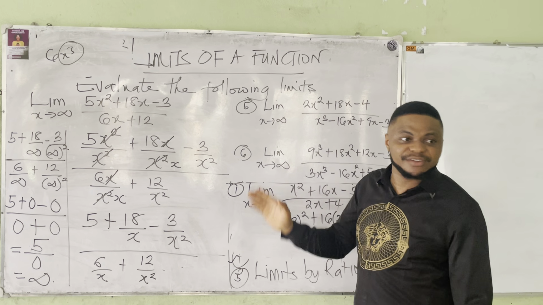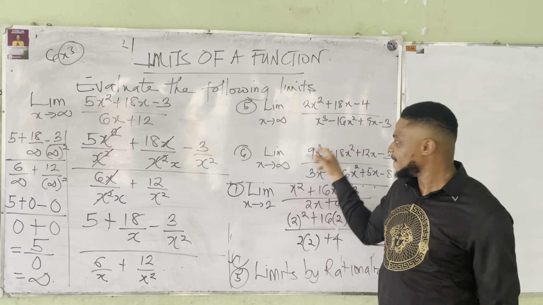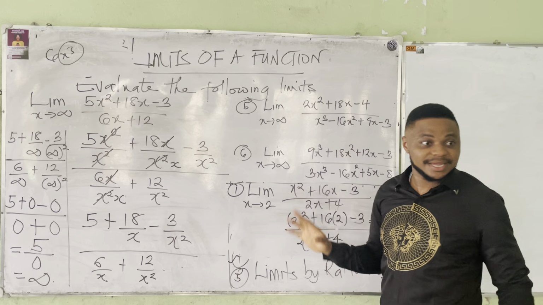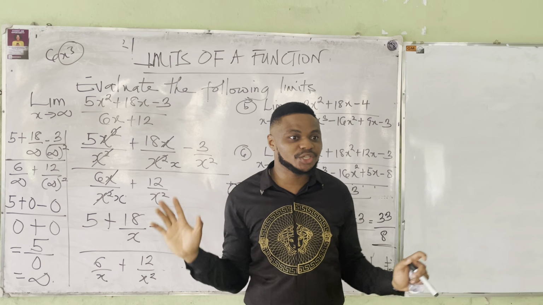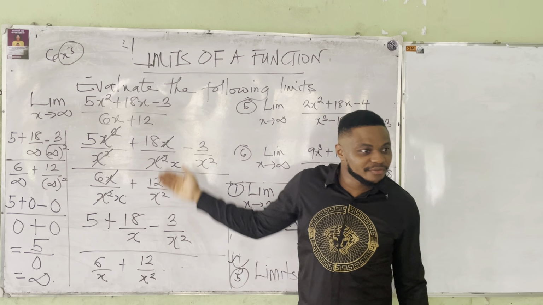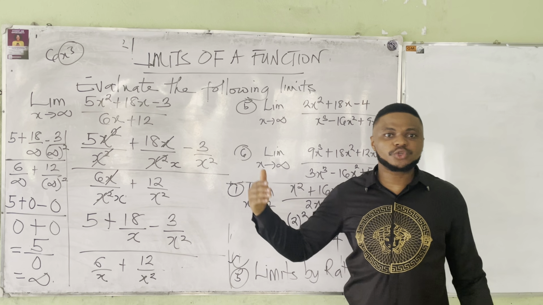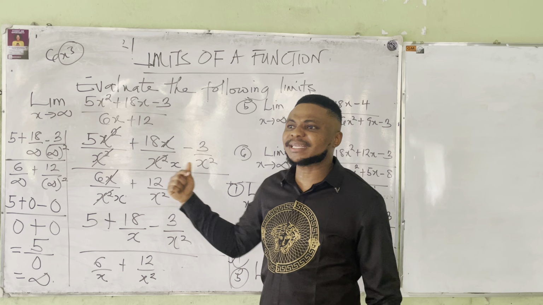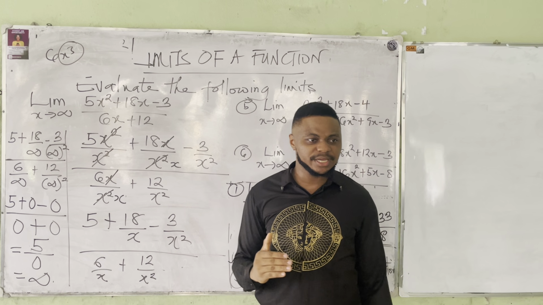Just pick the coefficients of those highest powers and divide. The highest power here is x cubed, and it's still x cubed here, so 9/3 is the answer. Just go to the option and tick. That's the shortcut, instead of going through all this solving. But it's still necessary that you know this process, so it will help you in case you see this kind of question as a theory question, so you can solve accordingly.